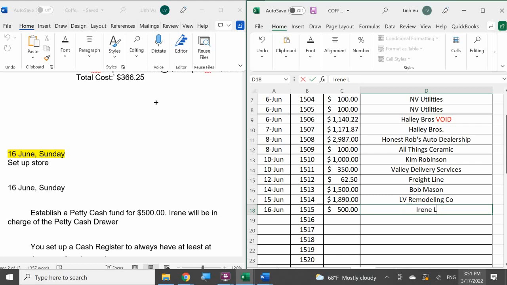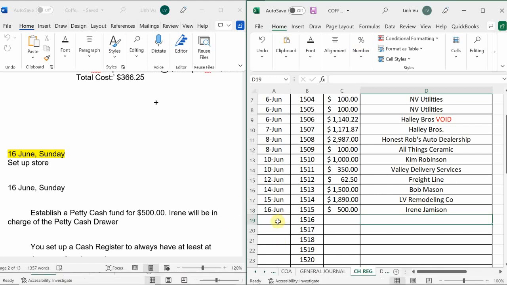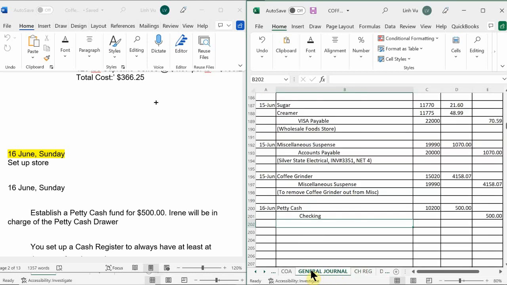Jameson, right? Jameson. Okay. If you have a reason why column, you can say for the petty cash drawer. So in this case, we're going to send Miss Irene to get $500 to put in the petty cash drawer. Okay. So, what should my description be for this transaction?